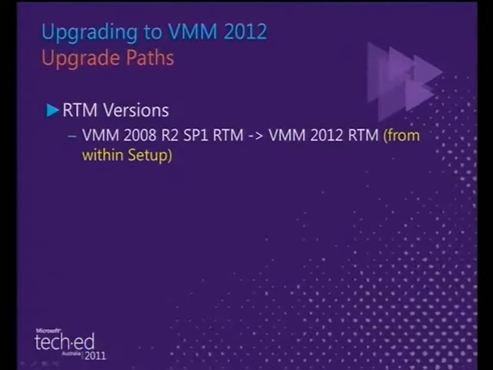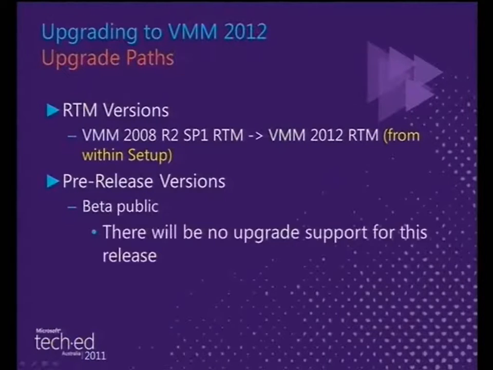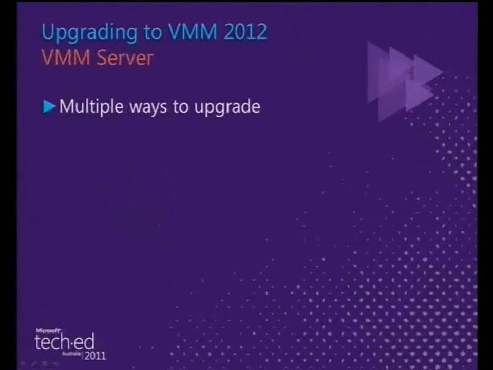Again, only for the RTM version, VMM 2008 R2 SP1 RTM to 2012 RTM, sorry. Pre-release versions, we have the beta, which is public, and there will be no upgrade support for this release.